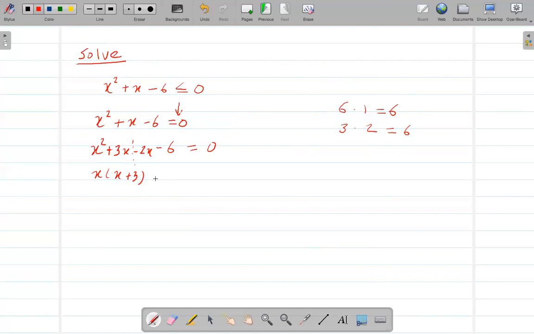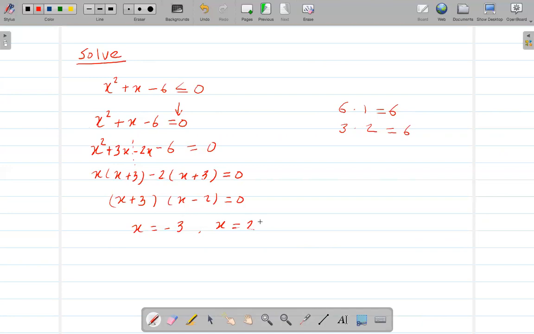From these two, I can factor out negative 2, so x plus 3. So again, from these two, I can factor out x plus 3, and the remaining terms are x minus 2. So from here, we get x is equal to negative 3 and x is equal to positive 2.